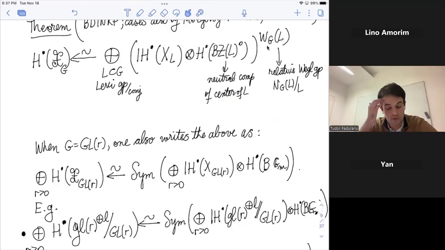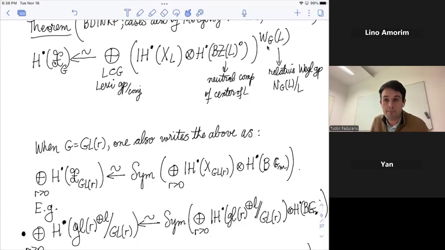Then on the right-hand side of the theorem, we have a sum over Levis. So the Levis will be products of GL_{R_i} for a partition R_i of R. And the relative Weyl groups will be products of symmetric groups.